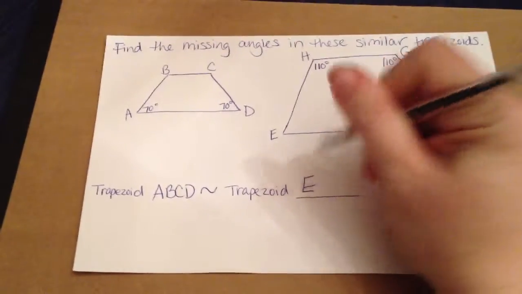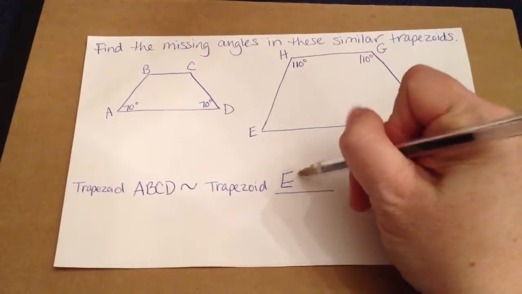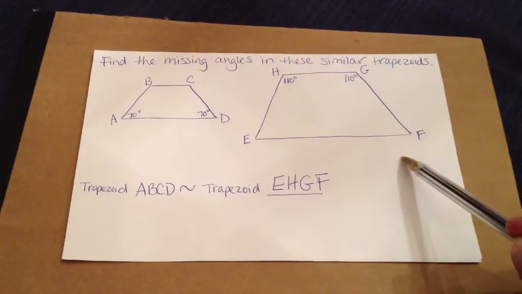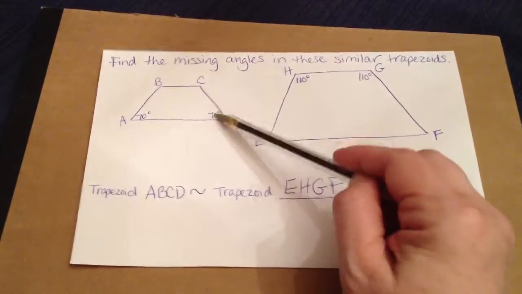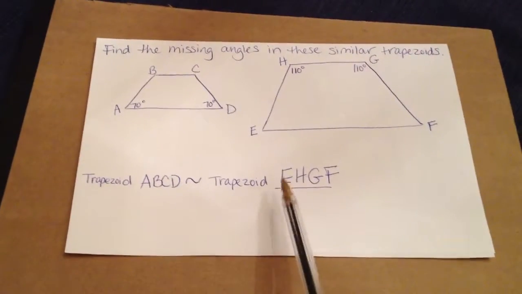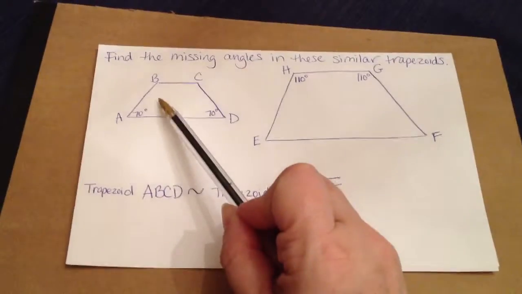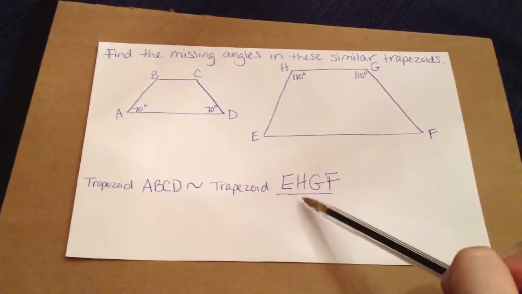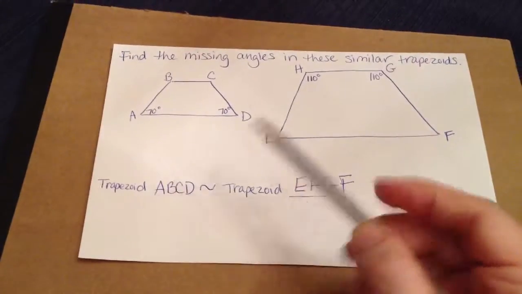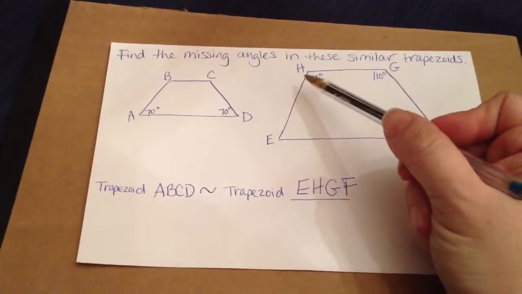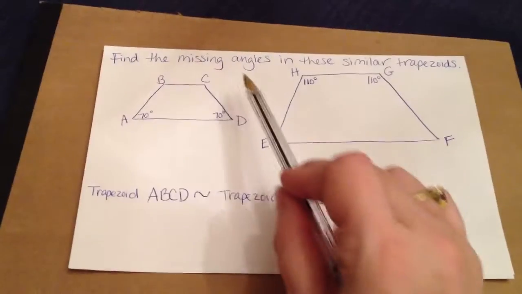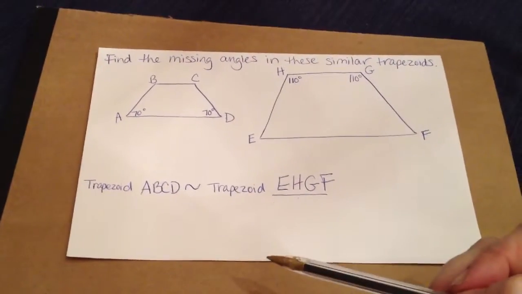The reason that I have to do them in that order is that we don't necessarily do them in alphabetical order. We're going to do them in the same order so that I can look at what corresponds. So angle A corresponds with angle E. Angle B corresponds with angle H because it's second. And I also know that side AB corresponds with side EH. So I need to write those points in the same order that the original trapezoid was written.